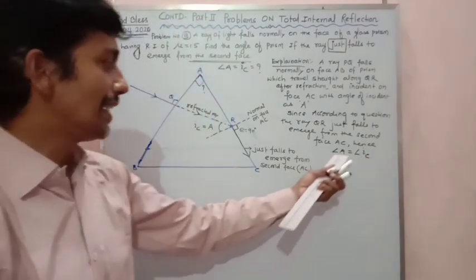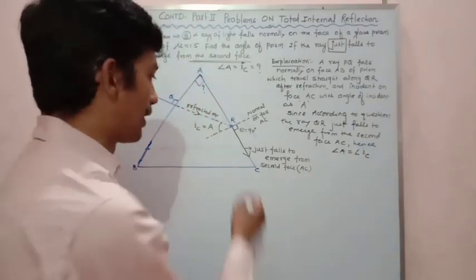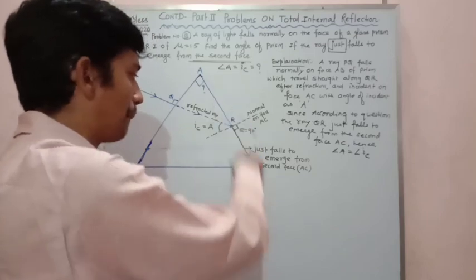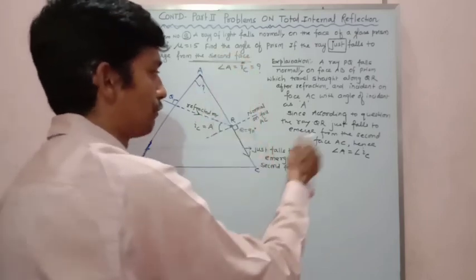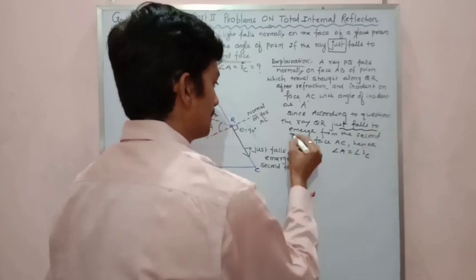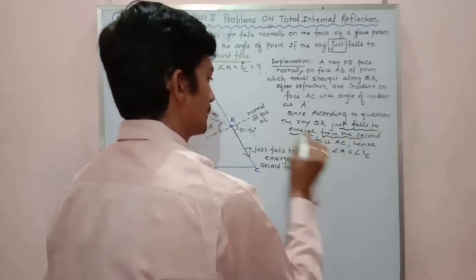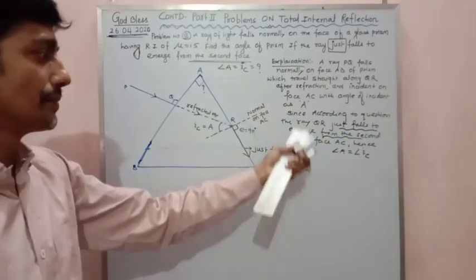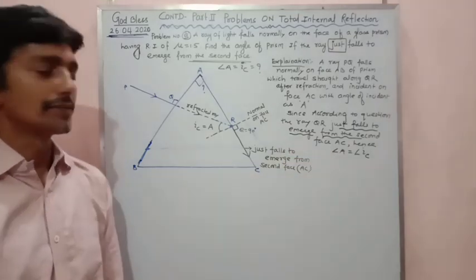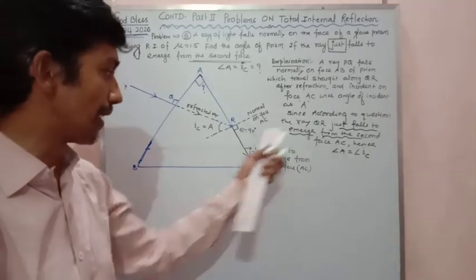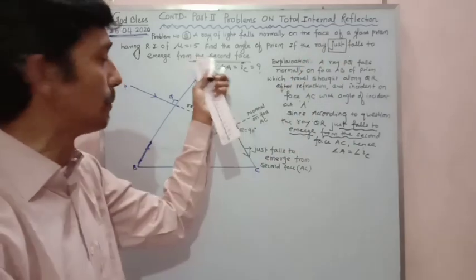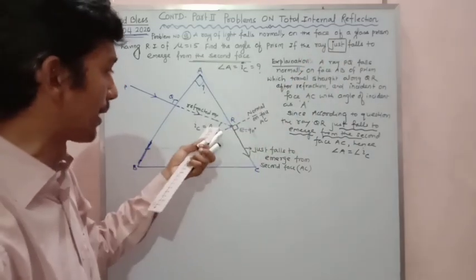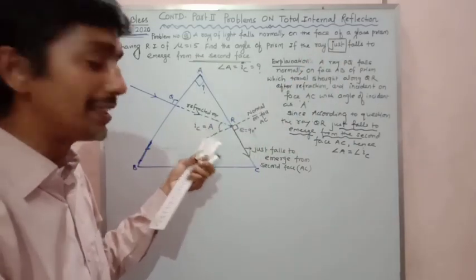That is, angle A and angle IC are equal, then only it will just fall to emerge from the second face. Am I clear? It is showing me this because they have written just falls to emerge from the second face. It means they are showing me that A will be equal to IC, then only this will happen.